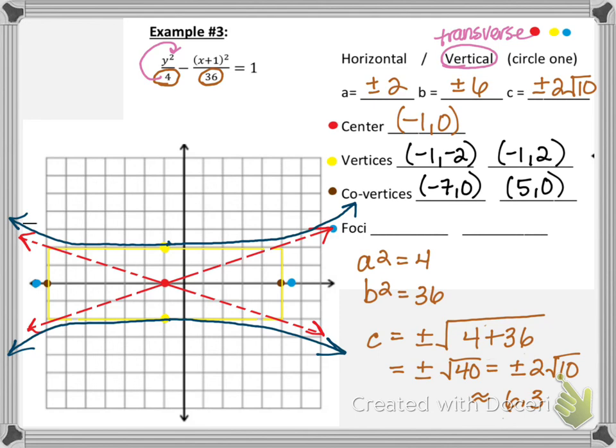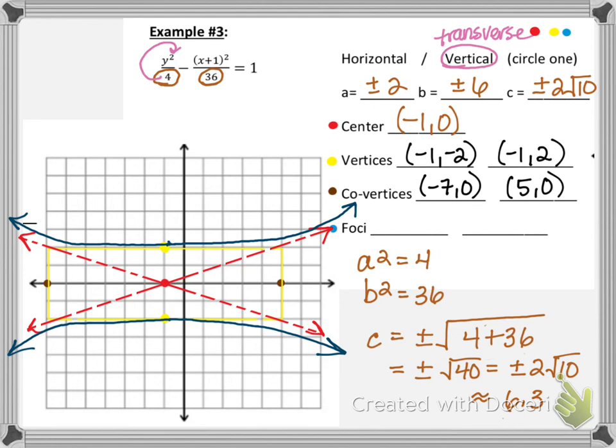Let's do our foci. Whoa, I did my foci wrong, didn't I? Let me erase this here. The foci are wrong because our foci have to be inside. Hopefully you caught that. We had to go up and down 6.3.